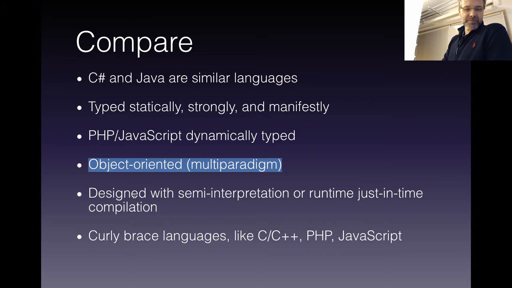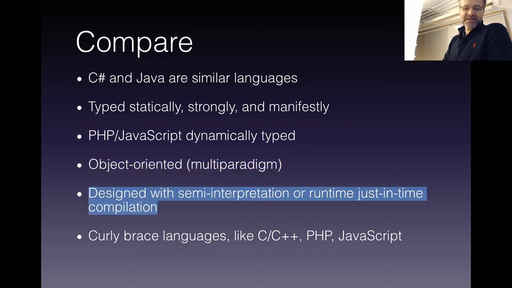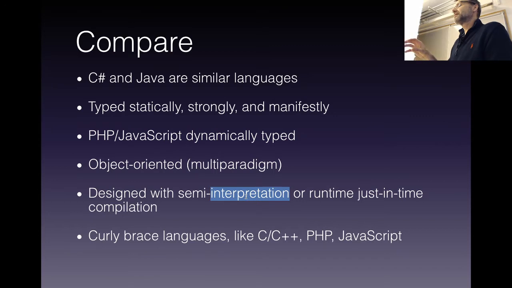And C# and Java are semi-interpreted. We compile the code down to some byte code. It is not like C and C++ where we compile the code down to object code. There is another level of interpretation, so we have some byte code, like we have in Java.